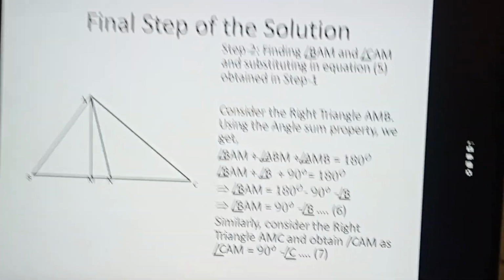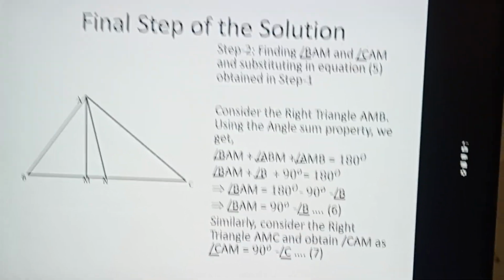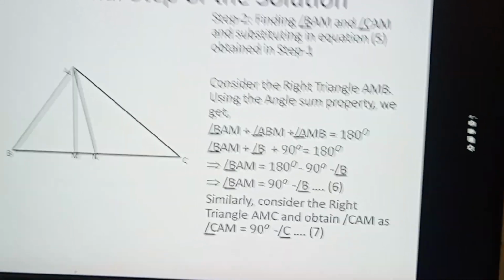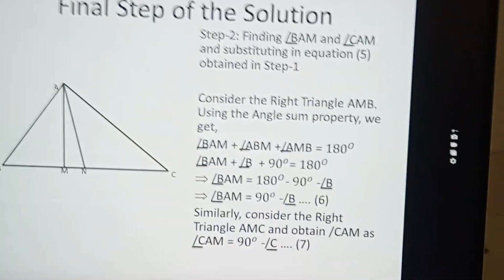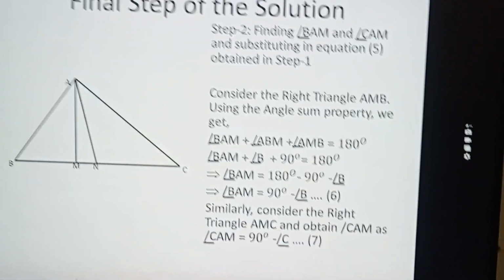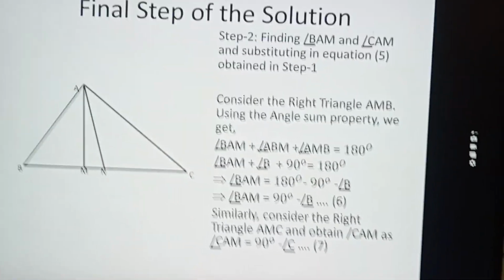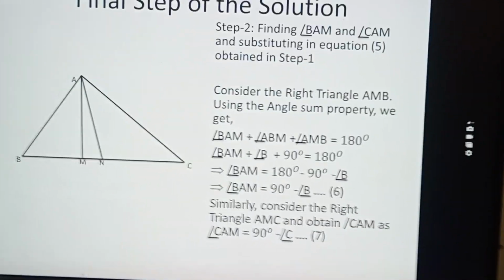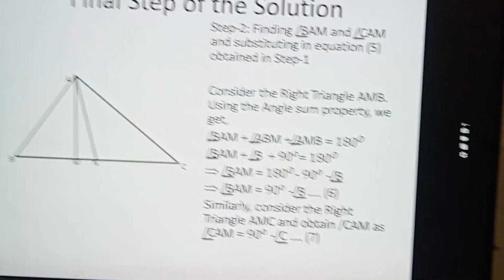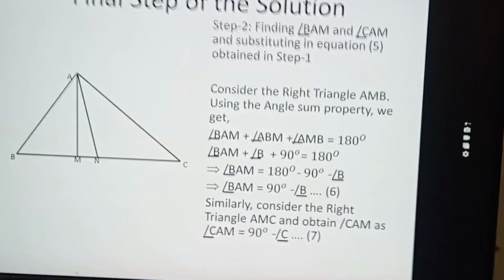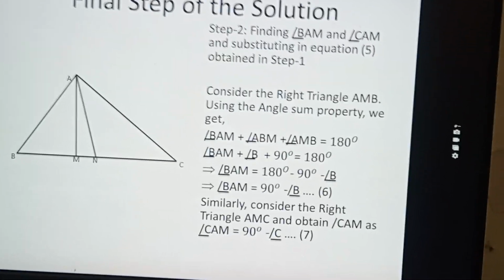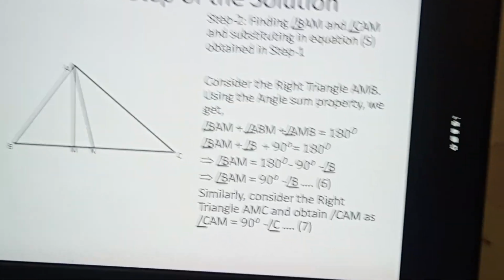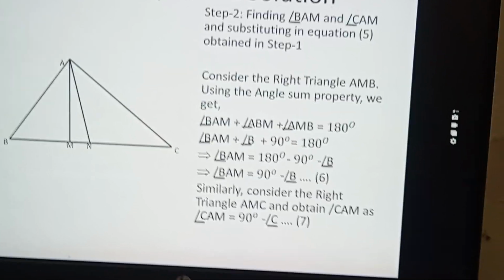Let us see. 180 degrees equals angle BAM plus angle ABM, which we can write as angle B itself, plus 90 degrees, because angle AMB is a right angle. Bring that 90 to the other side.